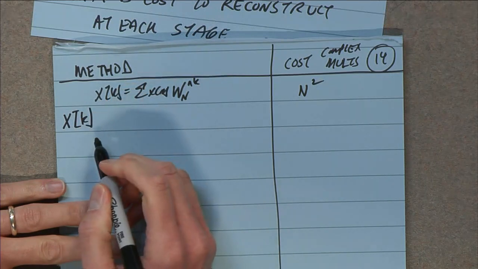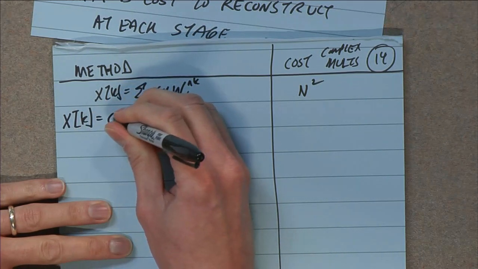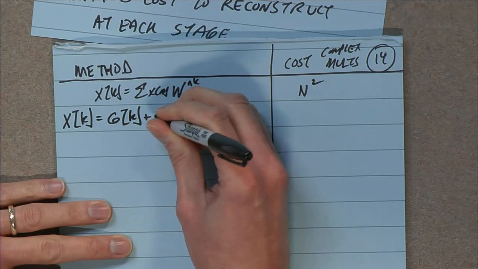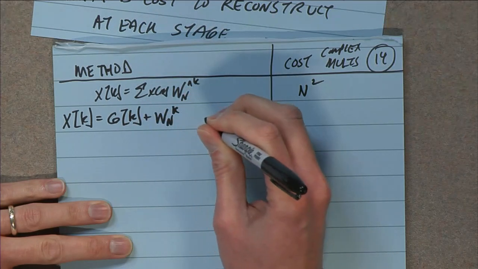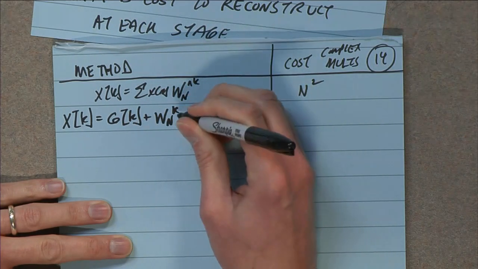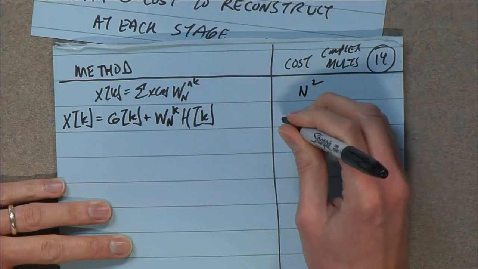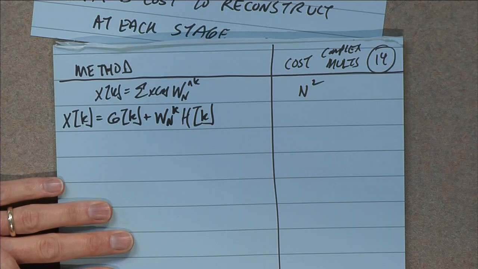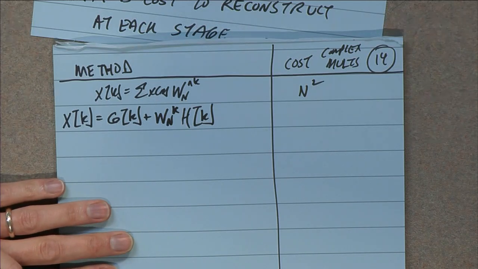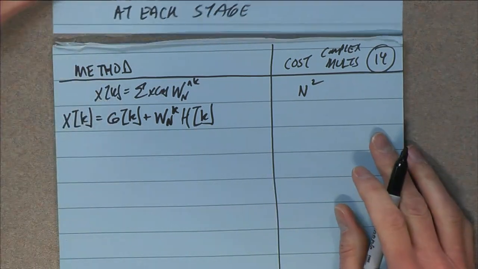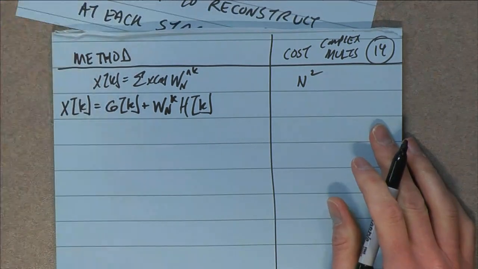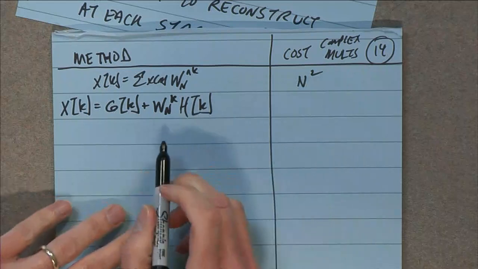Our next step was to say, well, we could break X of k into G of k plus W_N^k times H of k. And we went through that, and the key part of our analysis now, instead of writing down that complicated expression or trying to add up all the terms, we're just going to look at the cost of reconstruction at each stage.